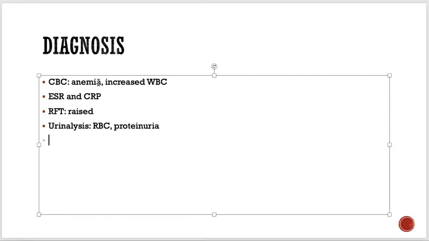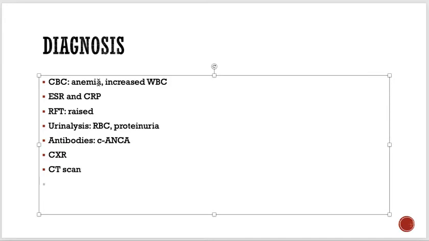Now we can go for antibodies. What kind of antibodies? Remember, in this one they are ANCA associated. What kind of ANCA? C-ANCA, which we also call PR3. They will be present. Then we can go for imaging like chest X-ray and CT scan, especially of the chest.